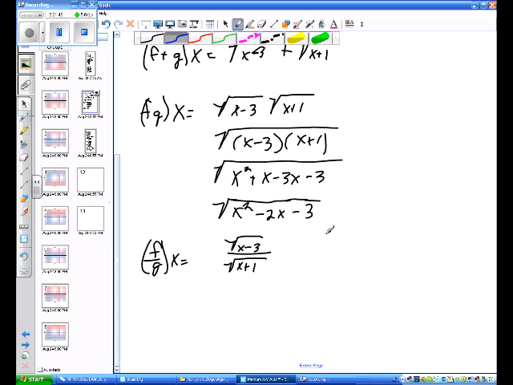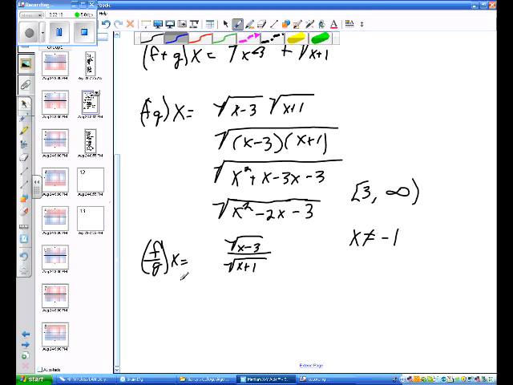But on this one, we're going to have to limit our domain just a little bit more because our denominator can't be 0, and so x cannot be negative 1. Well, let's just think. Our domain was from 3 to positive infinity, so was negative 1 in that domain anyhow? No. So we're okay as far as that part goes.